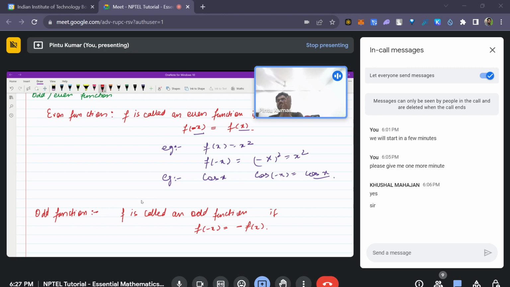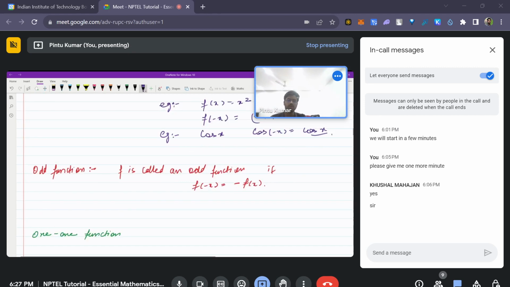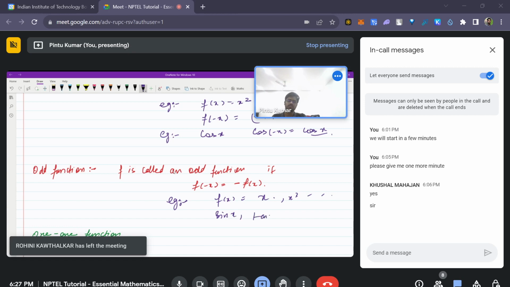So if the negative sign comes out of the function, then that particular function is called an odd function, right? Looking at some examples, you can take the simplest example to be f of x equal to x or x cube and so on. And from the trigonometric functions, you can take sine x or tan x. These kinds of functions are odd functions.